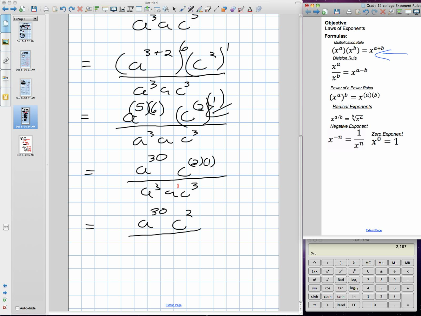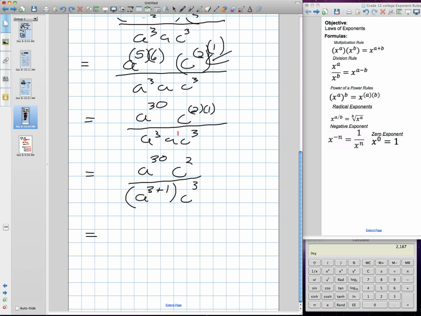So we have 3 plus 1, and then we just have C to the power of 3. When we evaluate that, A to the power of 30 times C to the power of 2 divided by A to the power of 4 times C to the power of 3.